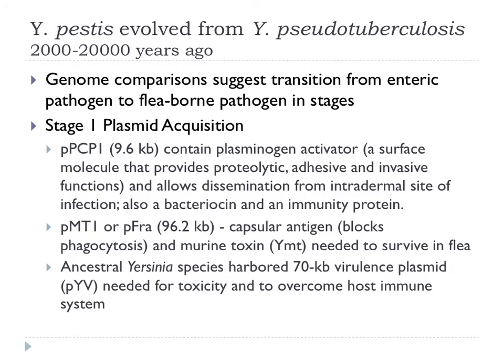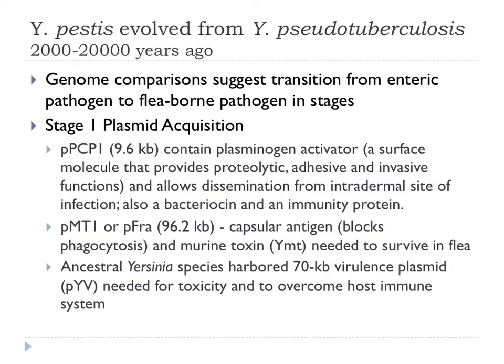Well, how did it go from being an enteric pathogen to a flea-borne blood pathogen? It acquired these plasmids, one plasmid that encodes a plasminogen activator, which allows it to survive and disseminate from the site of infection.